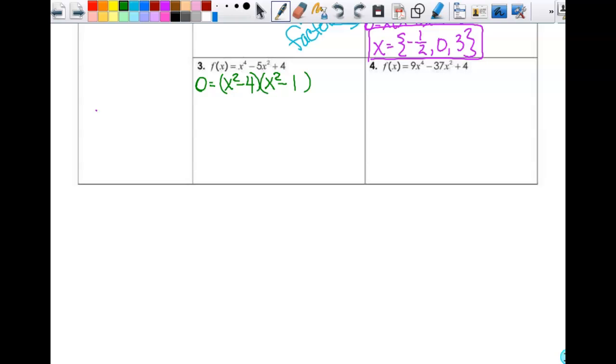All right, and you tell me what the next step looks like. Very good. Y'all agree with that? Okay, so that is fully factored.